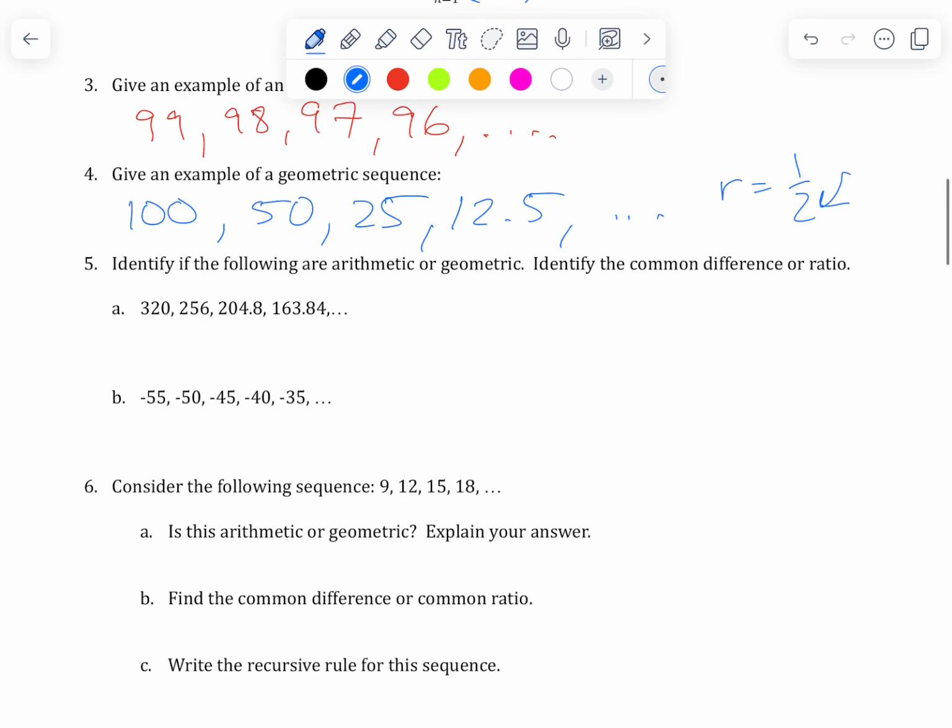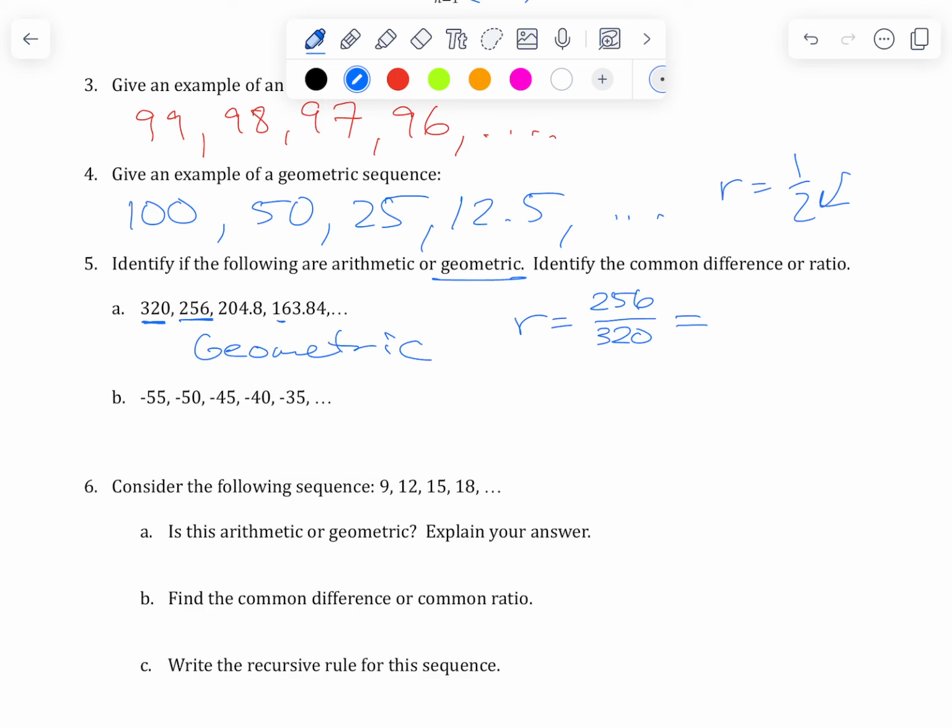So if you look at this one, it's obviously not going down by minusing or adding a negative each time. It's dividing or multiplying. So to figure out what it is, it's definitely going to be geometric. And then to figure it out, just take any number in the sequence to figure out the common ratio, and then write that on top, and then just divide by the number that comes right in front of it.